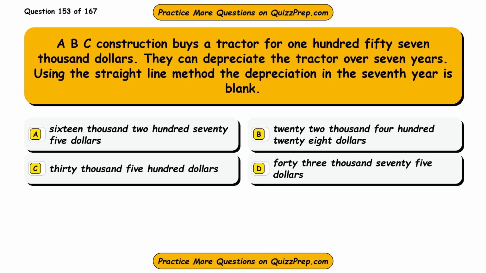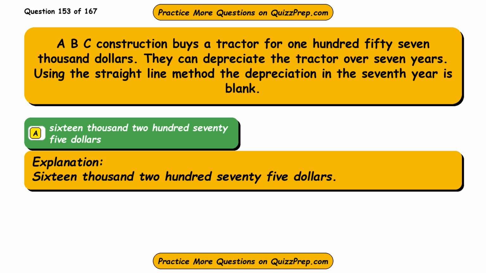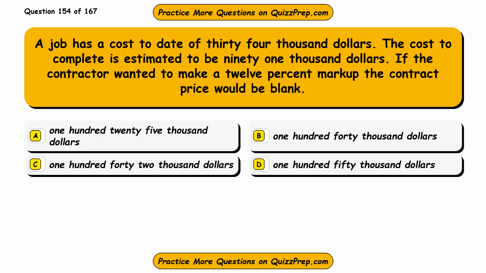Option C, $30,500. Option D, $43,075. The correct answer is option A, $16,275.